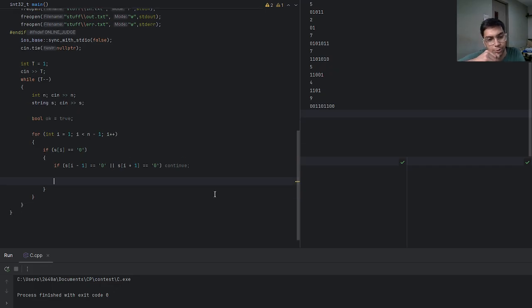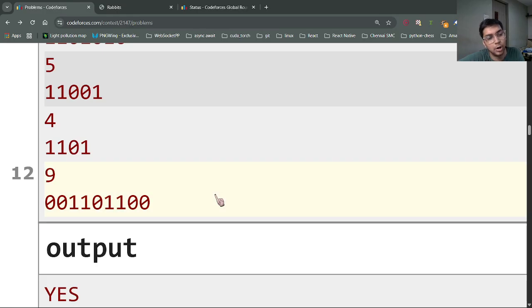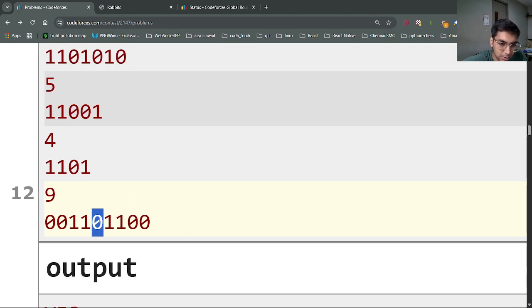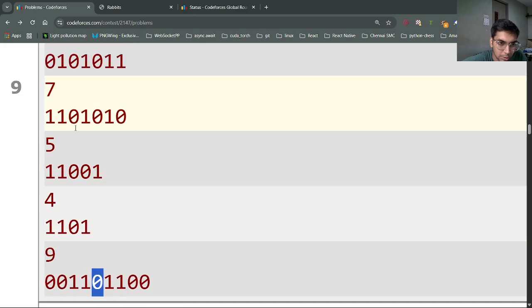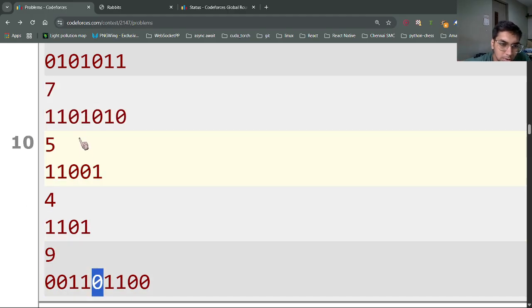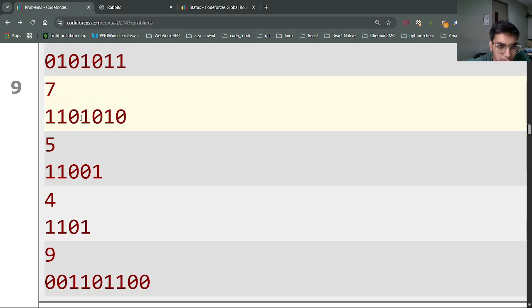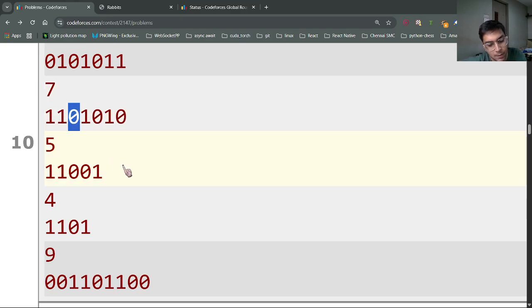So now at this point of the code, it means that it is an isolated zero. Isolated zero can be of this form, it can be of this form as well. So now this is bad form. This is doable because the next one is right there.